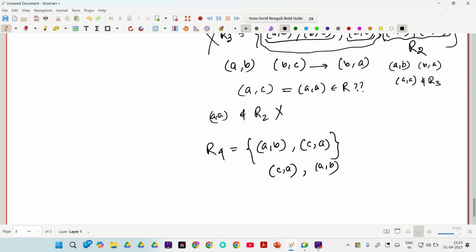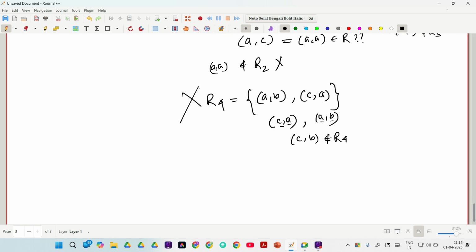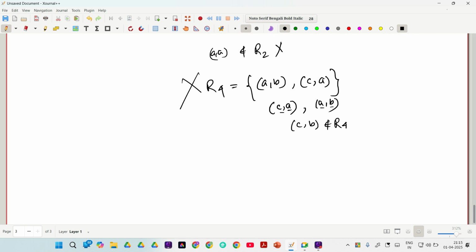No. So R4 is not a transitive relation, because here C comma A and A comma B are there, but C comma B does not belong to R4, right? That is why R4 is not a transitive relation. R5.